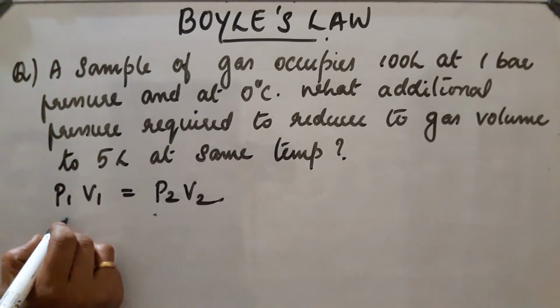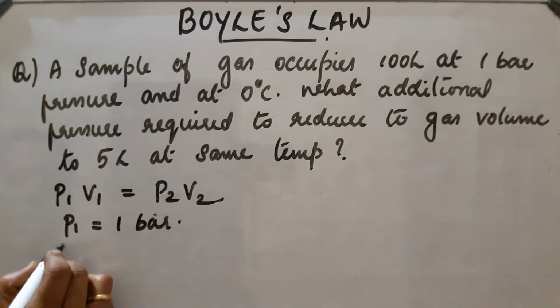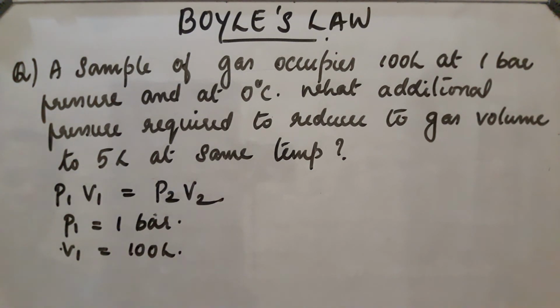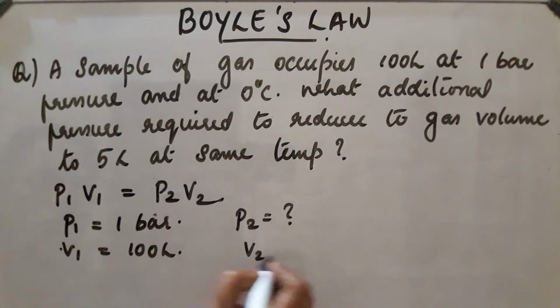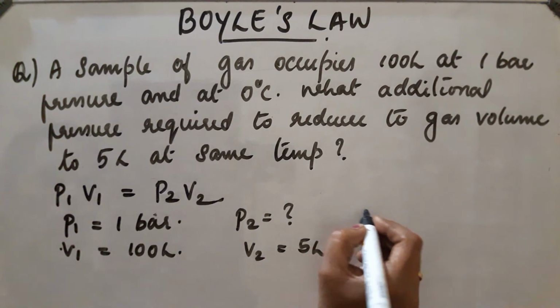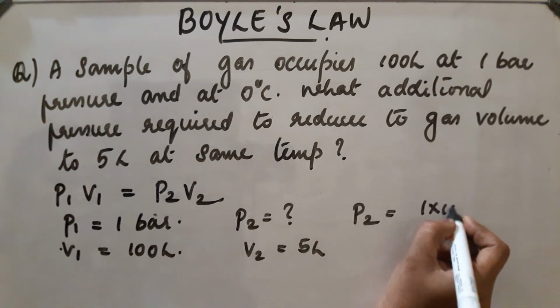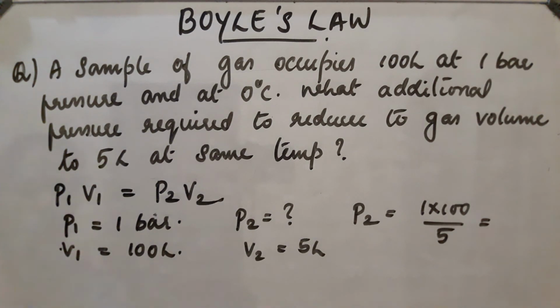P1 is given as 1 bar, V1 is 100 liters. First we have to find P2. V2 is also given as 5 liters. So P2 will be equal to 1 into 100 by 5. So the answer will be 20 bar.